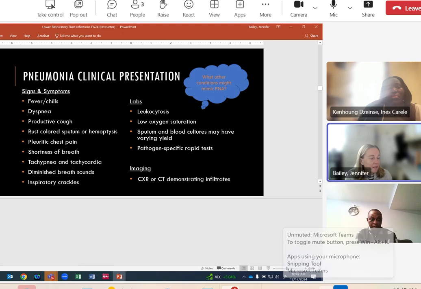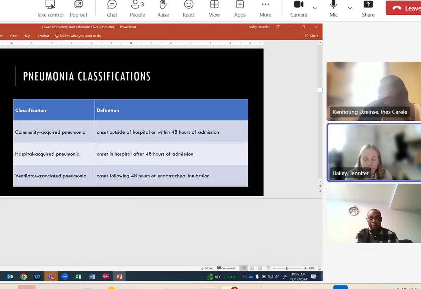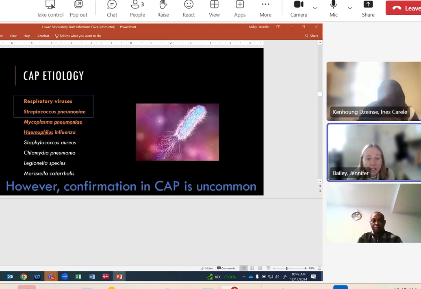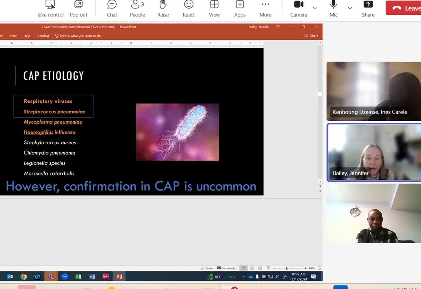Okay, so again, it's really important to make sure you have these definitions down. So CAP, community acquired pneumonia. These are mostly going to be caused by things that routinely circulate in the environment.